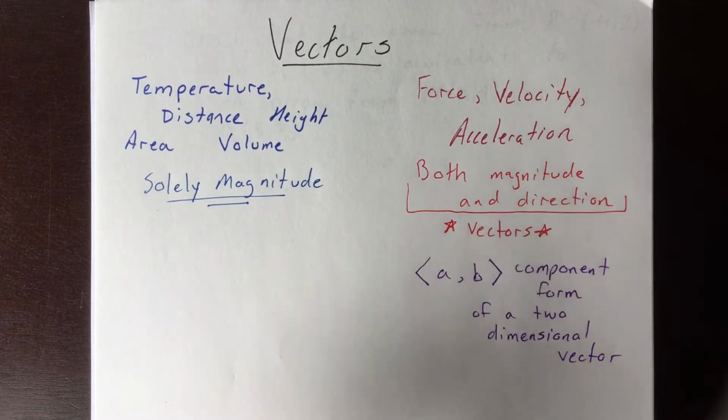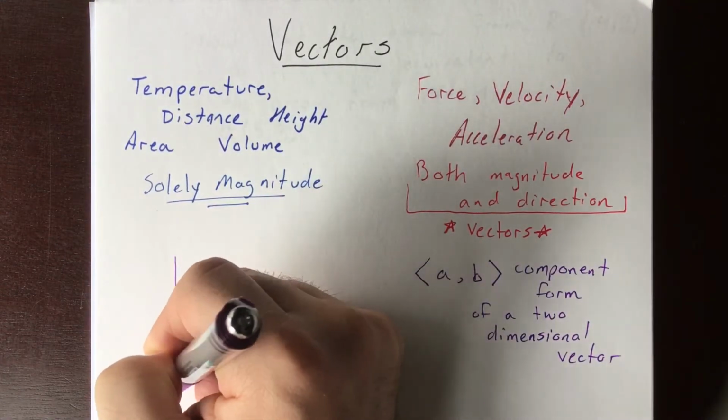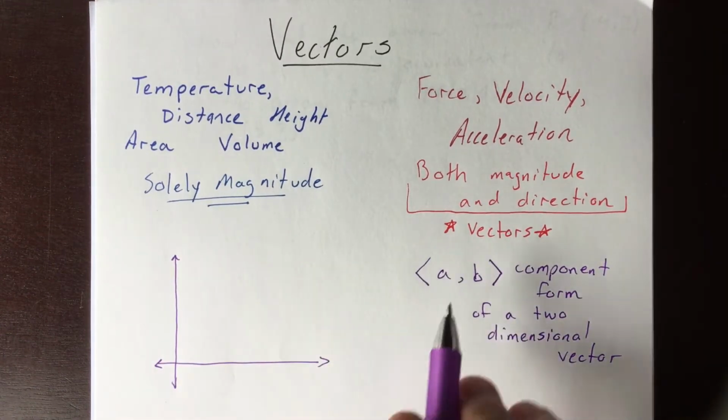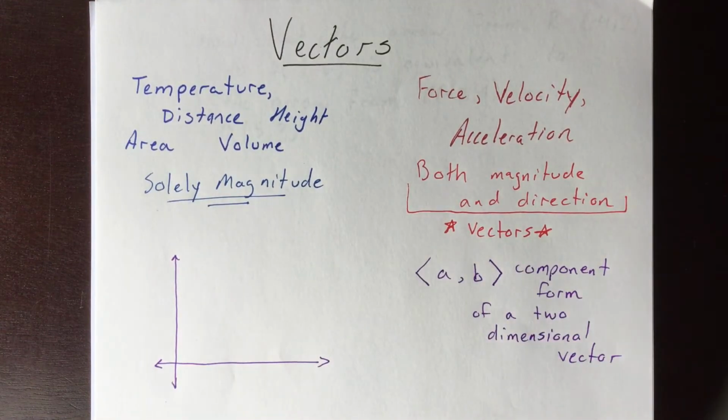Okay, so let's imagine we have a Cartesian plane, XY axis, and we have this component form.